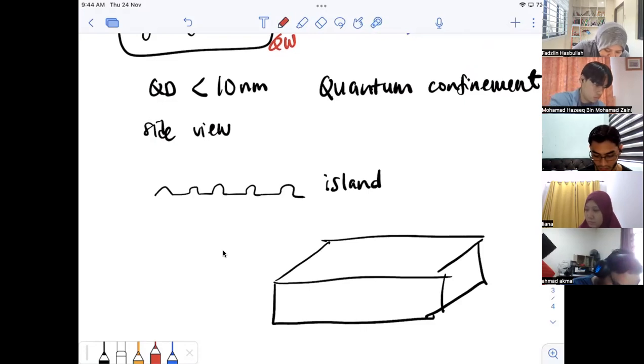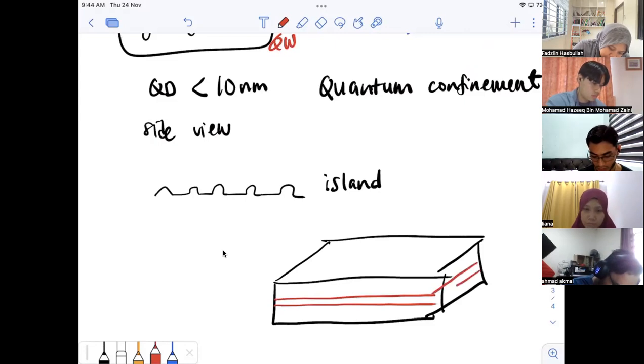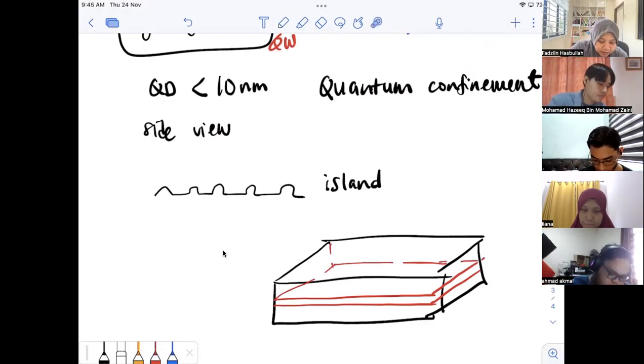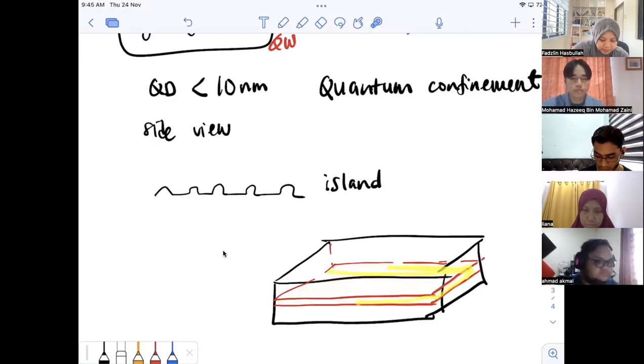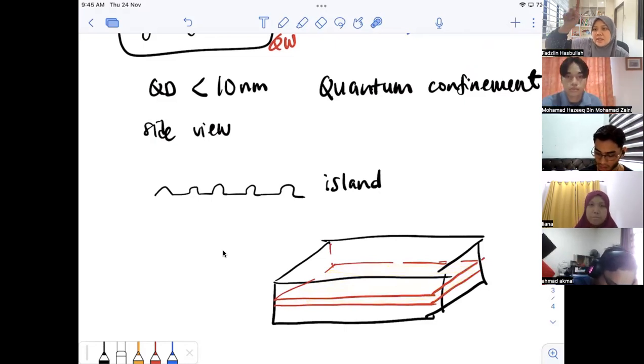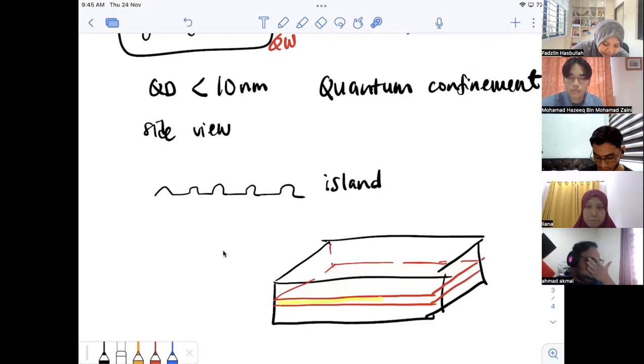But if it's a quantum well, the electron or a hole can only travel dekat layer tu. Macam satu arah je. Tapi 2D. Kalau bulk tu dia 3D X, Y, Z. Ni macam XY je. Dia boleh travel kat sini je.